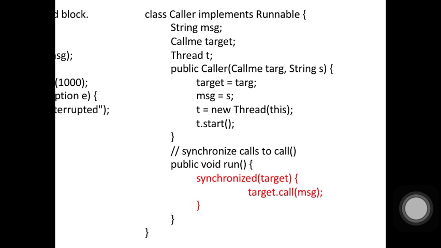Inside public void run, instead of calling target.call directly, that statement is enclosed within a synchronized block. So synchronized followed by target, where target is an object of Callme. This object is handed over to the synchronized block, and inside we invoke the call method on the target, passing the message value msg.